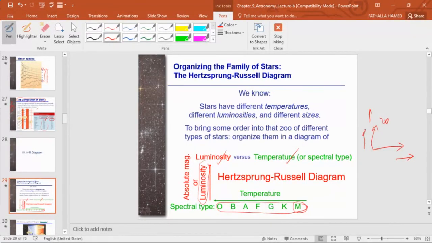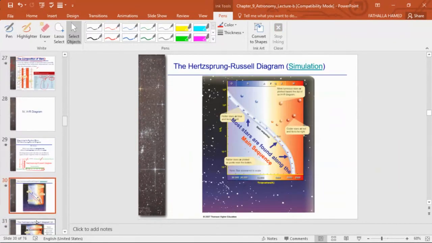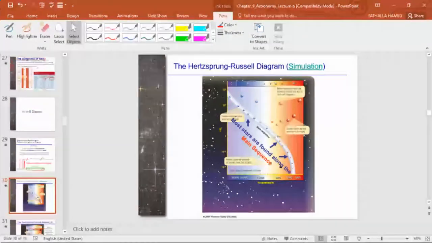In this case, it is increasing that way, but it's decreasing that way in terms of temperature. So that's one thing that you have to be careful with. And then they put any star that they have the luminosity and the surface temperature for on this graph.